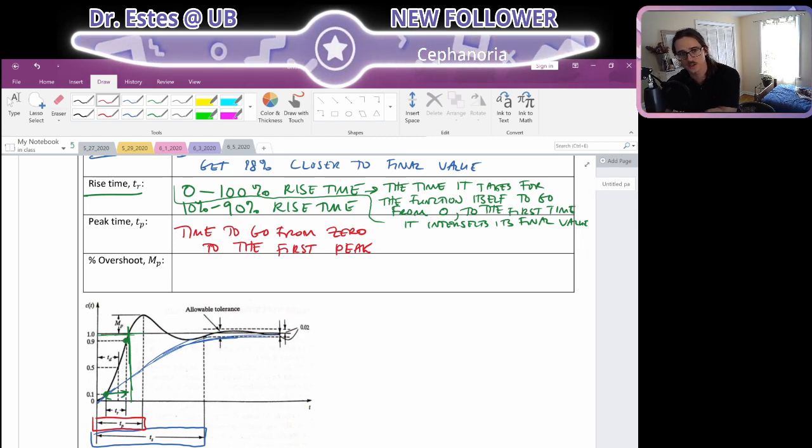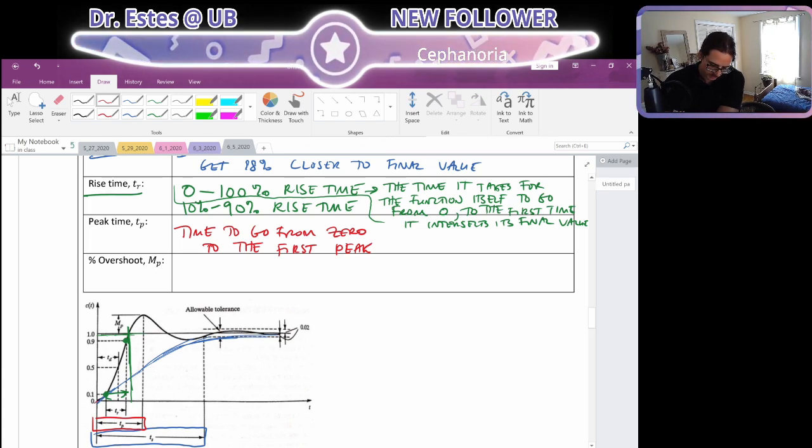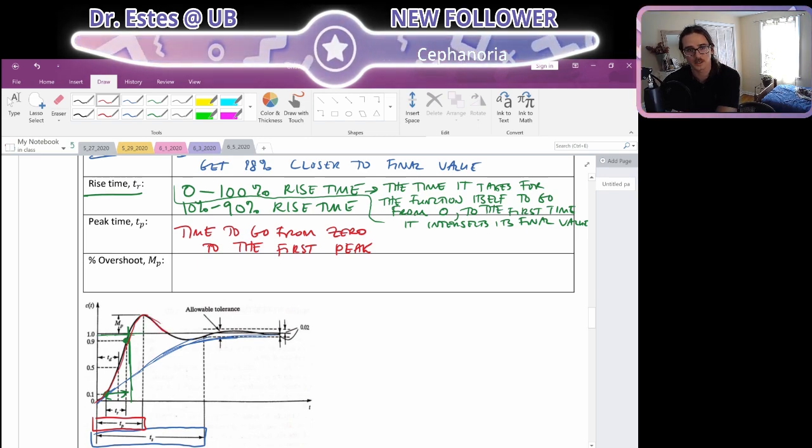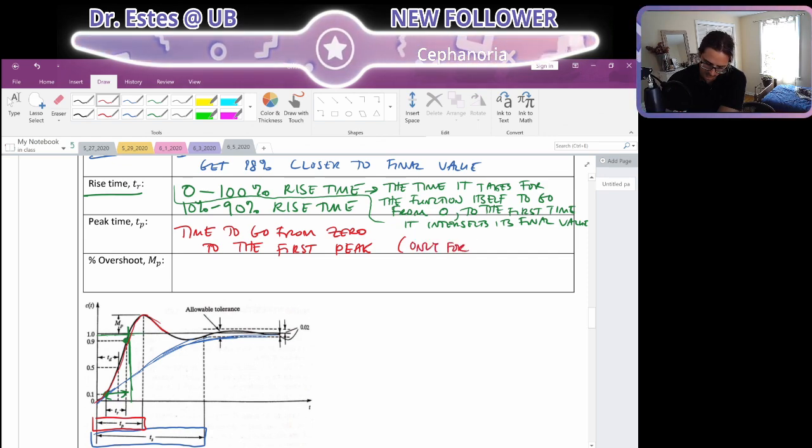So obviously this only applies to underdamped systems. Only an underdamped system is going to have this peak and then some oscillation to bring it back. So maybe we'll put that here.